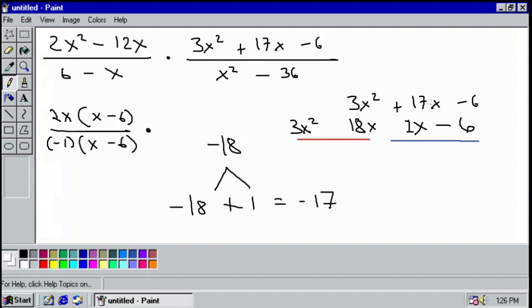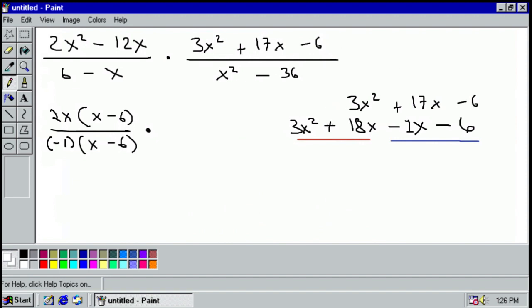Since this is positive 17, we need to make it positive. So we need to make the one negative. So this will be negative, positive. So let's check it. So negative 18 plus 1 is negative 17. So 18 minus 1 will be 17. So this one is correct. I'm sorry. I messed up the signs.